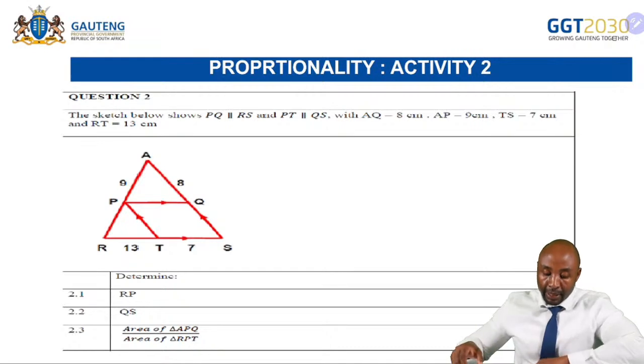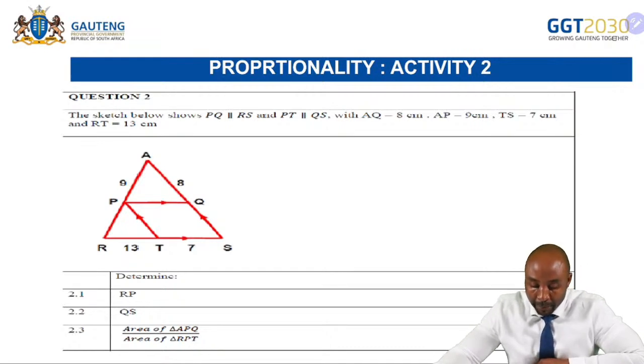It says the sketch below shows PQ parallel to RS and PT parallel to QS, with AQ equal to 8 centimeters, AP equal to 9 centimeters, TS equal to 7 centimeters, and RT equal to 13 centimeters. Determine.